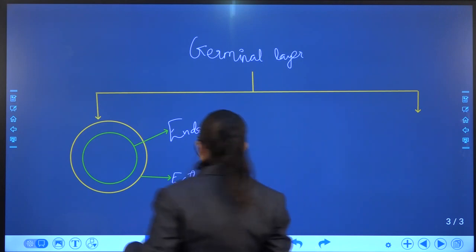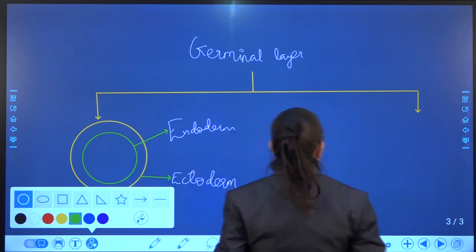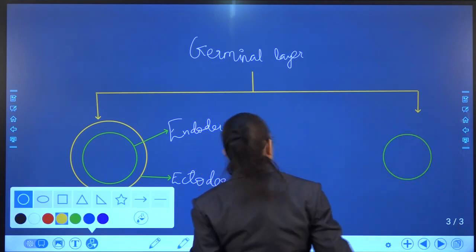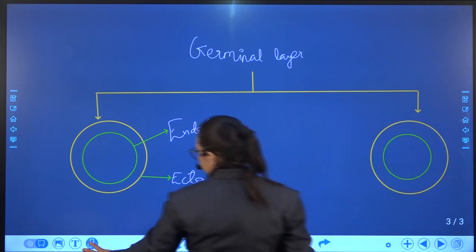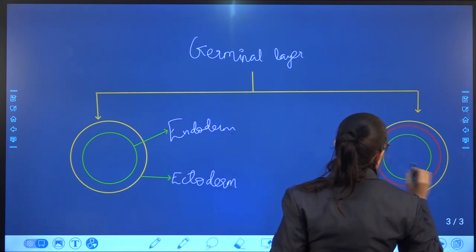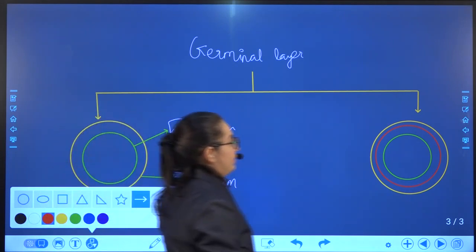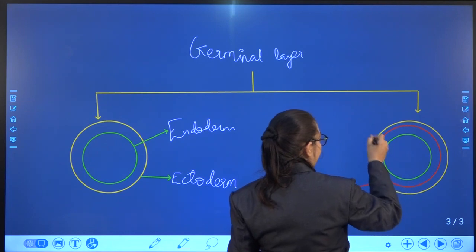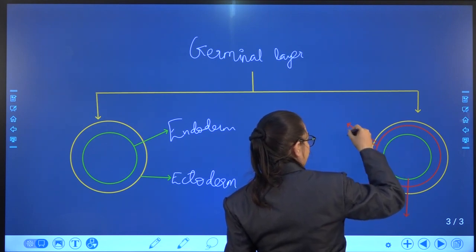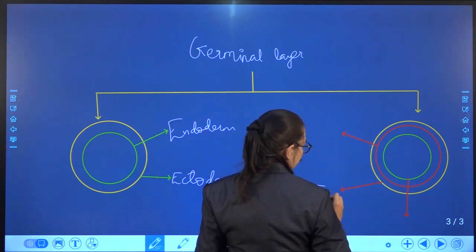In between the ectoderm and endoderm, if one more layer is present, this is the outer layer, so it is called ectoderm.